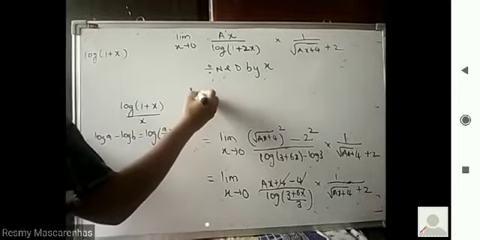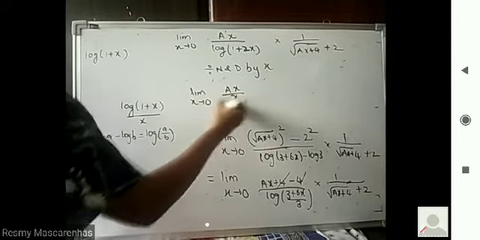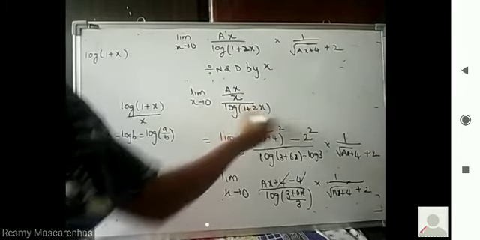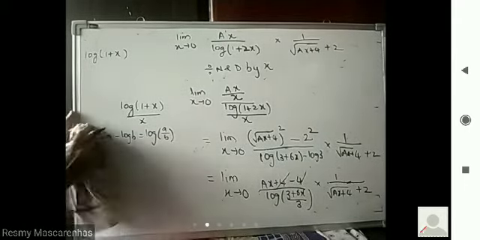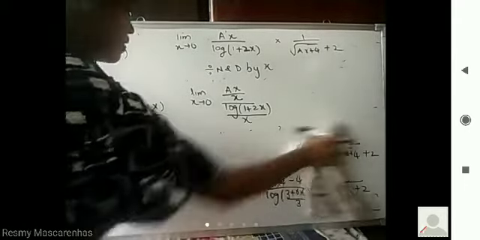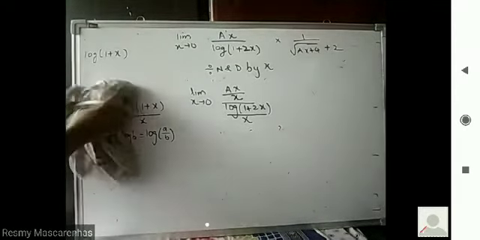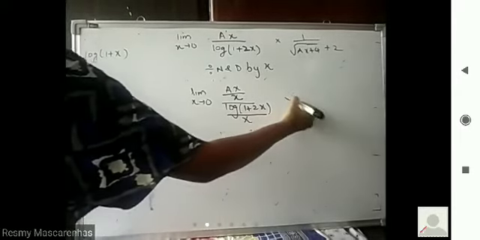So what you will get is numerator I divided by x, same way denominator also I will divide by x. And now what is this part is at the side only.